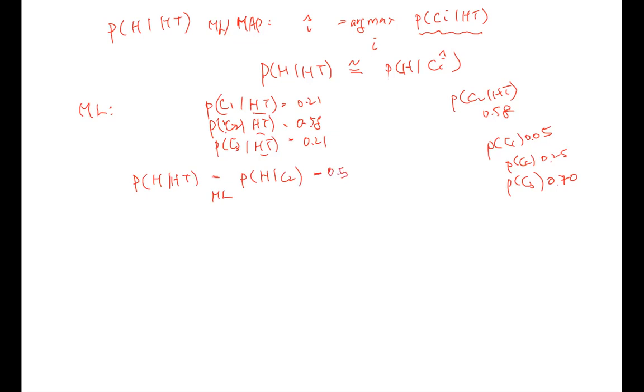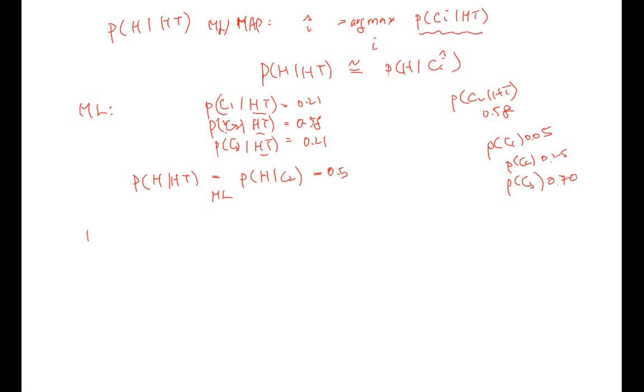The max here is maximizing across different possible coins. So is that clear for maximum likelihood now?